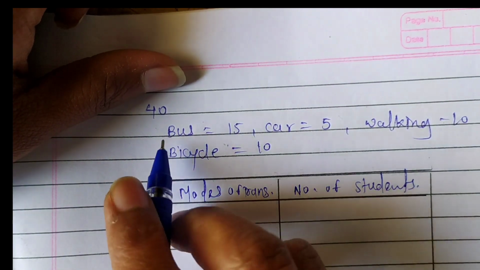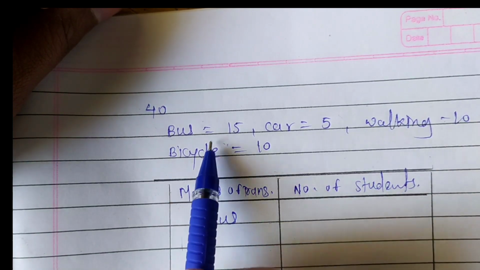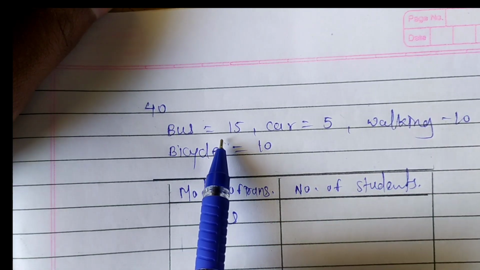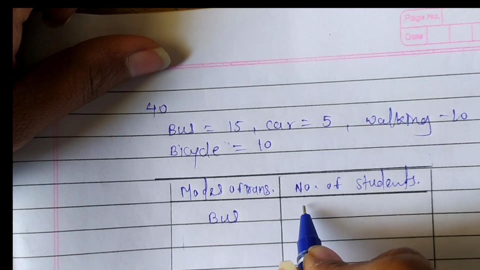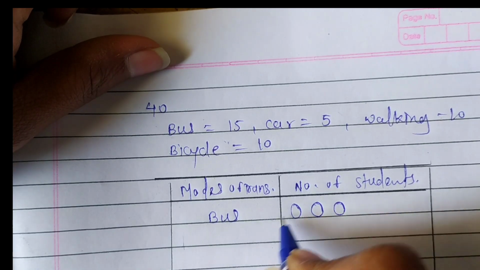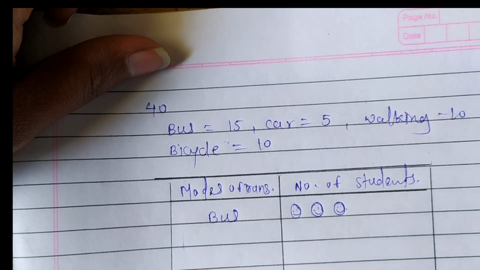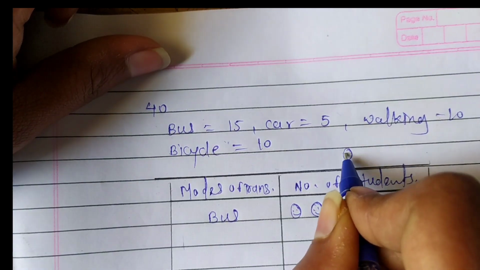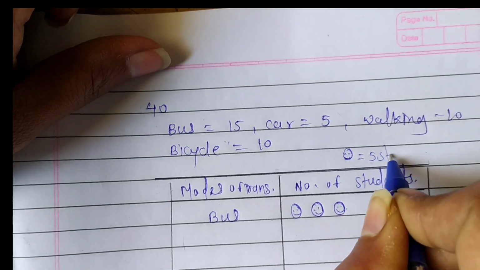So the first mode is bus. By bus, how many students come? 15 students. So I draw pictures for students. One picture is equal to 5 students.